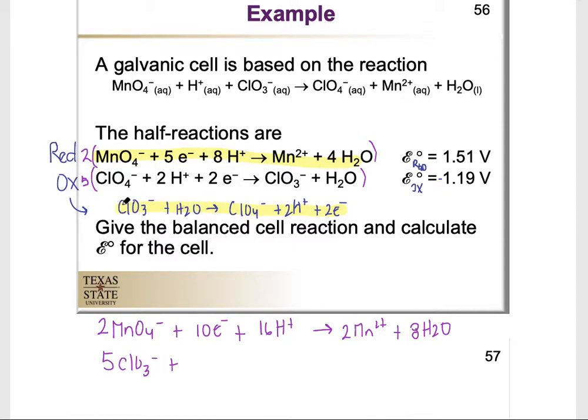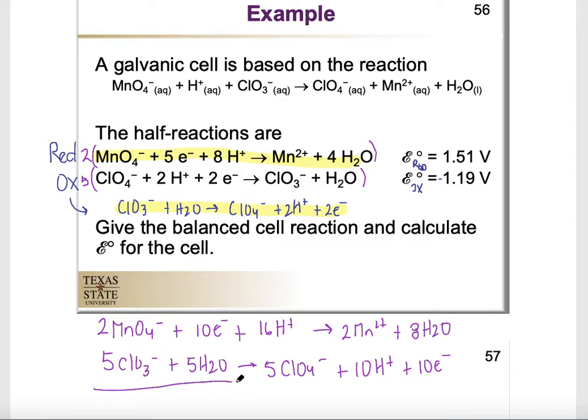So I really should have said that this is the one that I'm multiplying by 5. So ClO3 minus plus 5 waters goes to 5 ClO4 minus plus 10 H pluses plus 10 electrons.